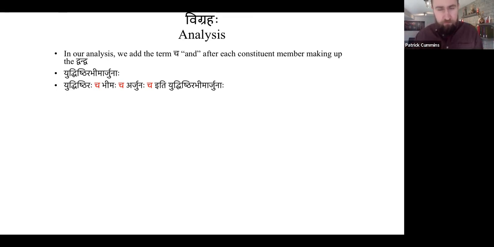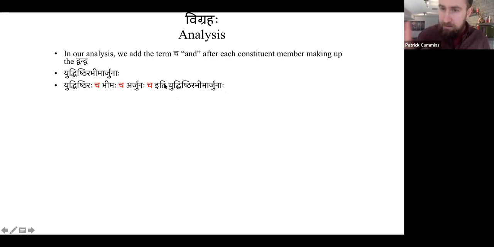But if we're reading the actual literature, imagine we're reading a literary commentary. This word iti here sort of means "thus," or almost like "therefore." So you coordinate the members, Yudhishthira and Bhima and Arjuna, thus, and then you repeat the compound.